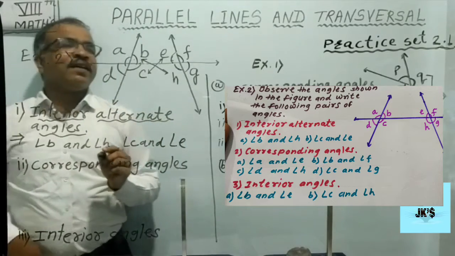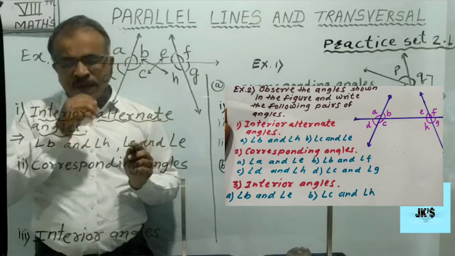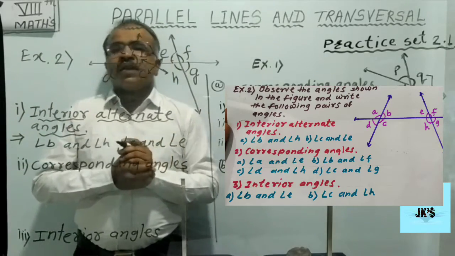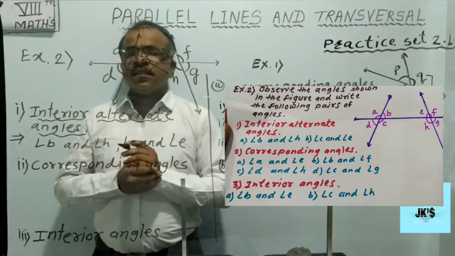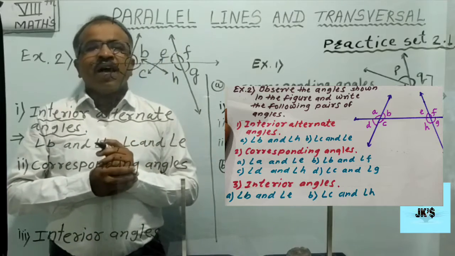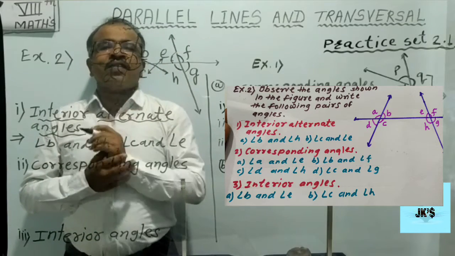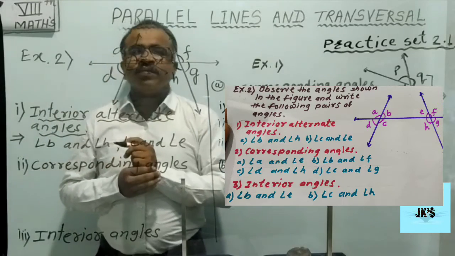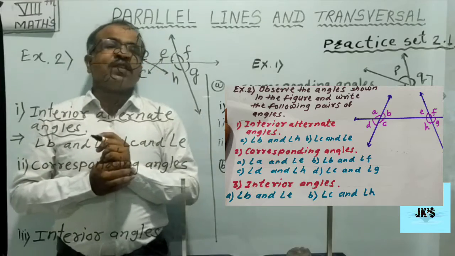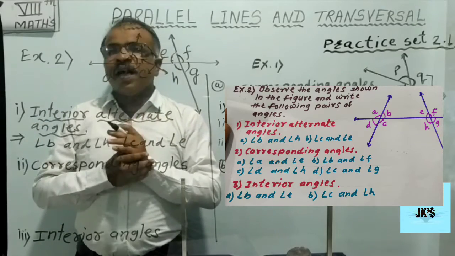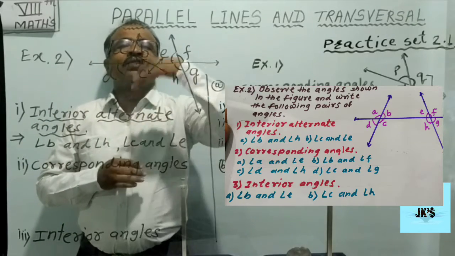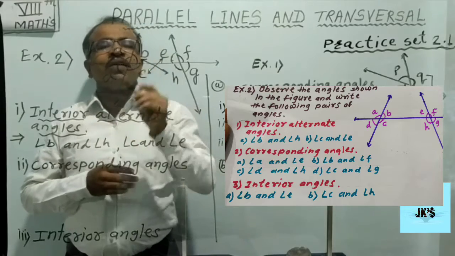Now corresponding angles. Corresponding means if a pair of angles have arms lying in the same direction on the transversal, and the remaining arms of the two angles lie on the same side of the transversal.